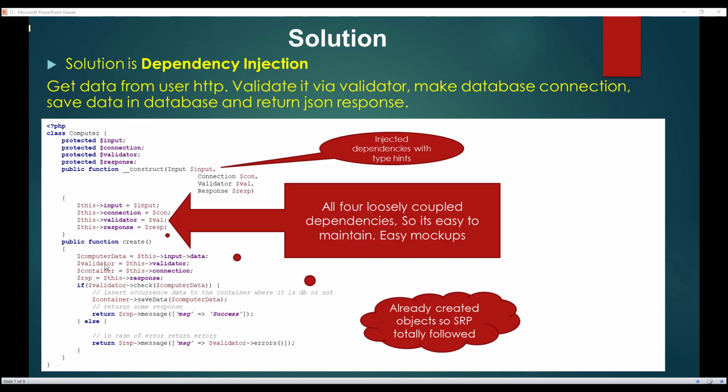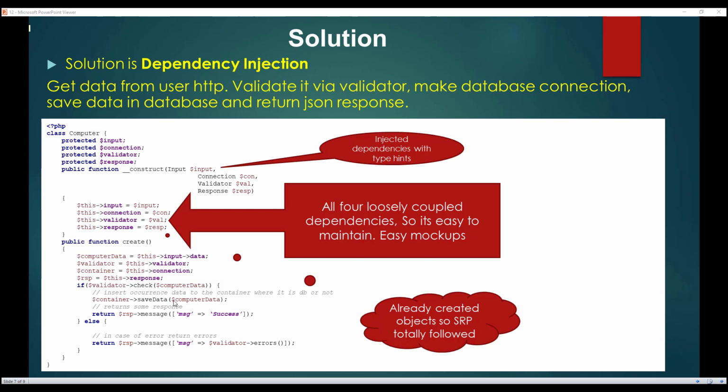After that there is a validator and a connection, which provides a container. Here the container can be a PDF file or a relational or non-relational database. We do not care about that. After that there is a response, which can be a JSON response, an XML response, or a formatted text, which we are going to represent on the monitor screen.